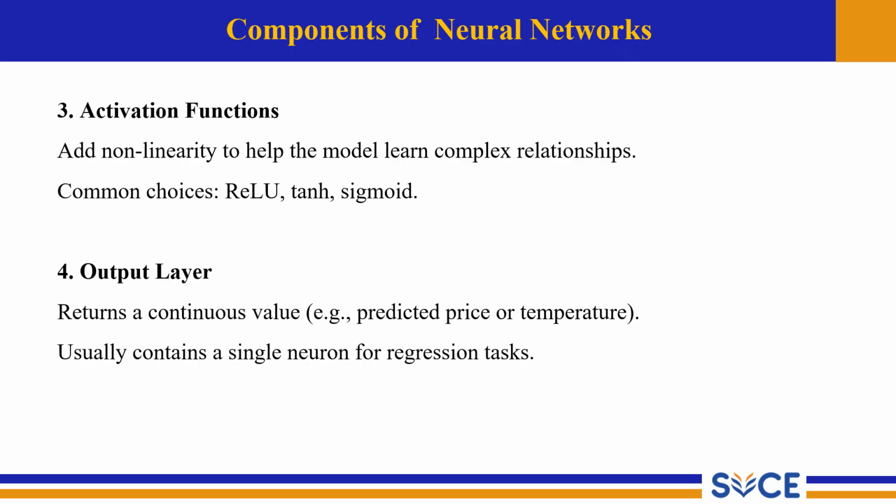This output represents the network's prediction based on the input features and the learned parameters. And finally, understanding these components is the key to designing effective neural networks for specific prediction tasks.